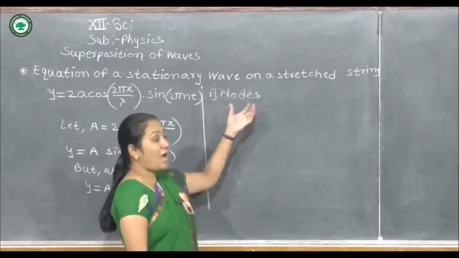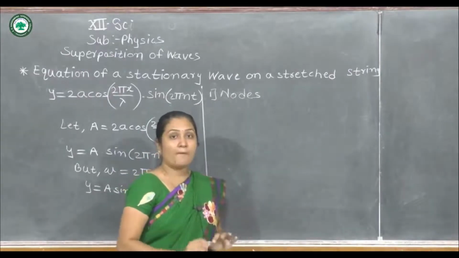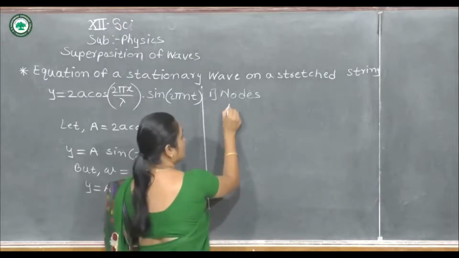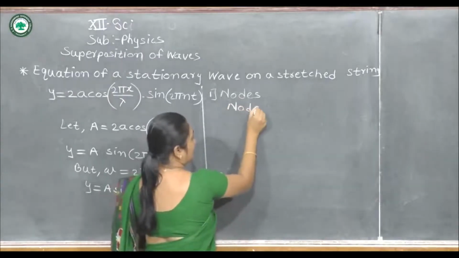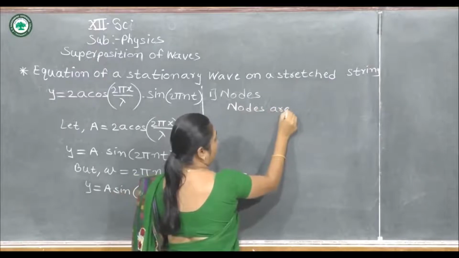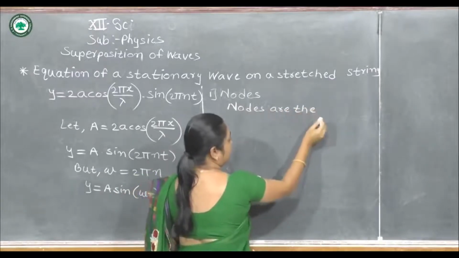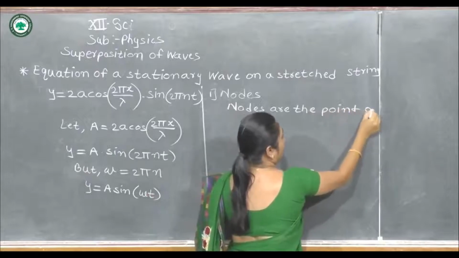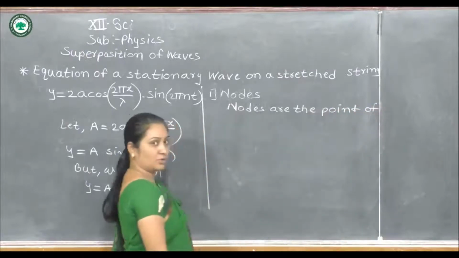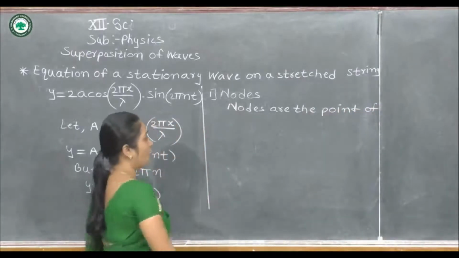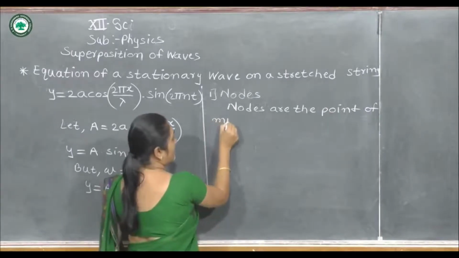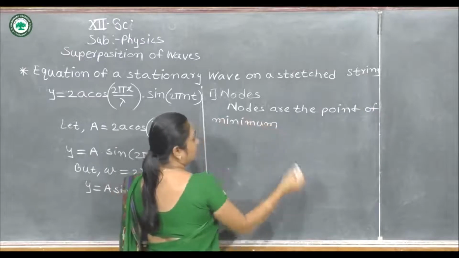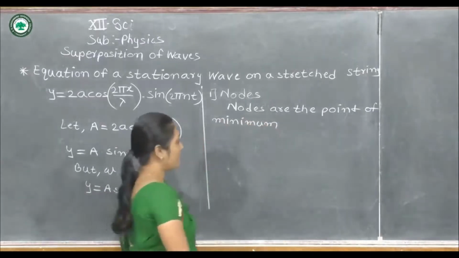The nodes are the points of minimum displacement.